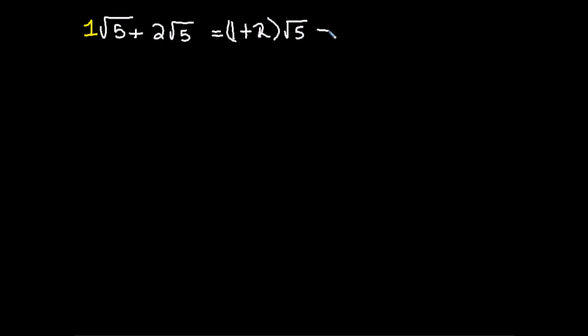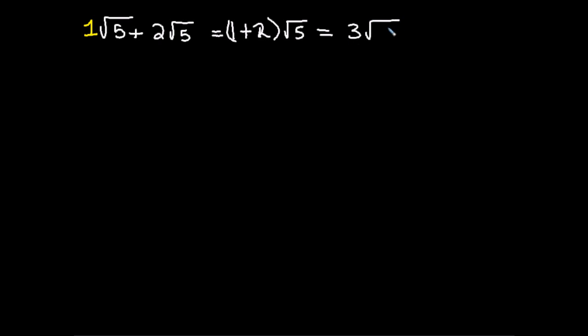So, for example, if I have the square root of 5 plus 2 times the square root of 5, the square root of 5 by itself has an invisible 1. And so I add the 1 plus 2, and I keep the radical the same.